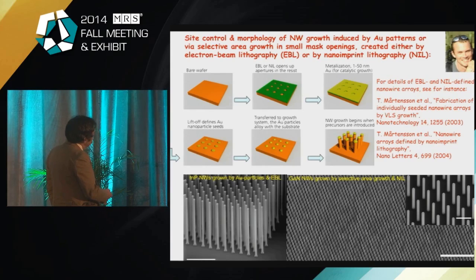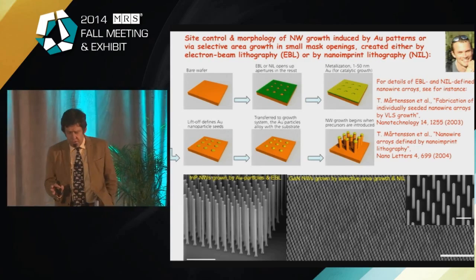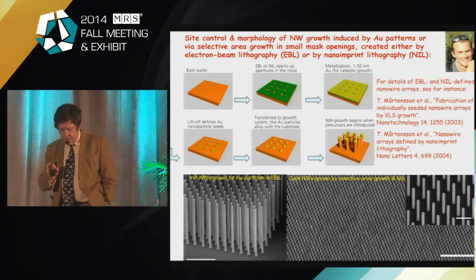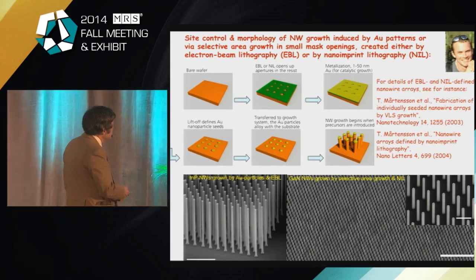Thomas Mårtensson had, I think, the first papers in the literature, both for the seeding by electron beam lithography, and also the first one with nanoimprint lithography. And nanoimprint is one of those techniques that today seems to be maybe the prerequisite to really make large-scale applications.